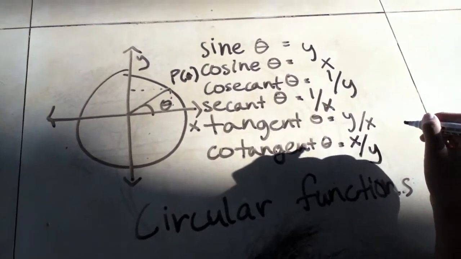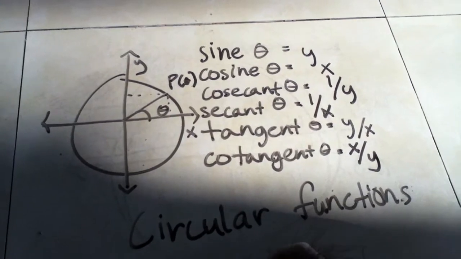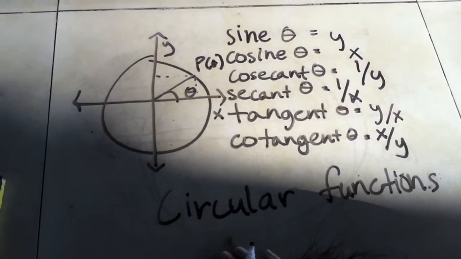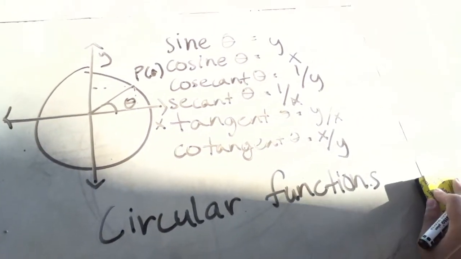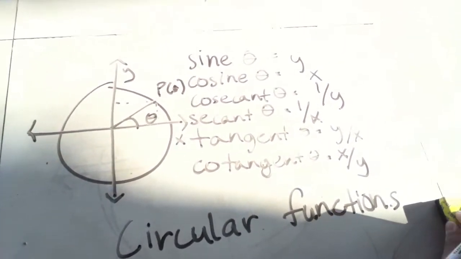Thus, (x, y), which is also the unit circle coordinates, is equal to (cosine theta, sine theta).